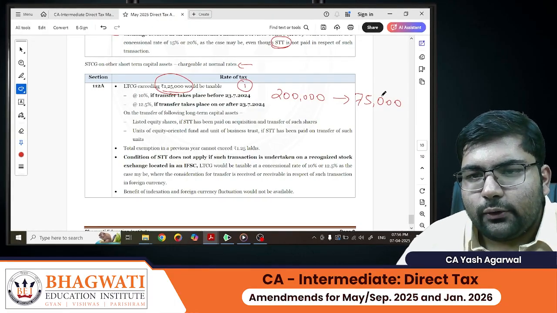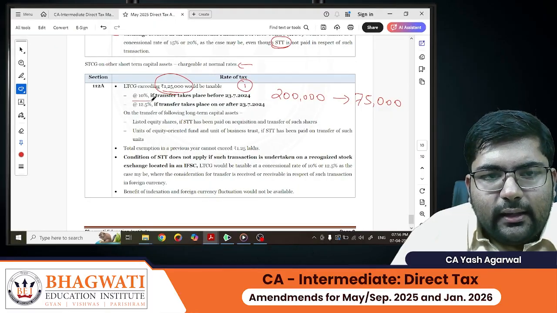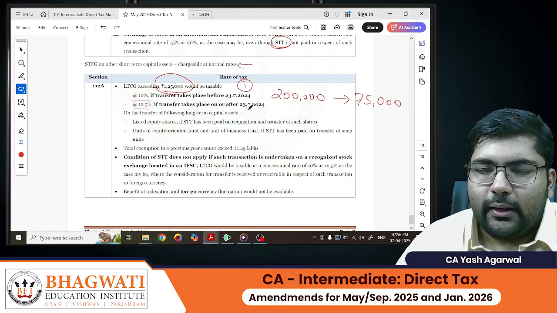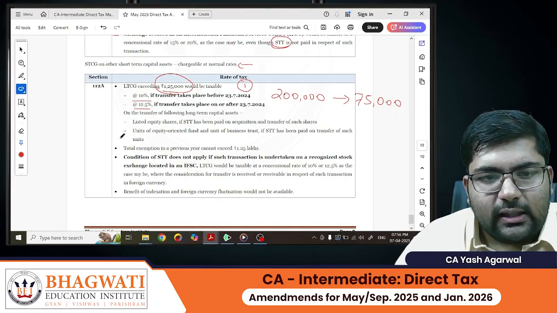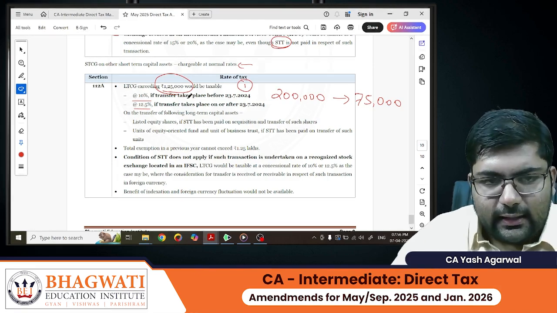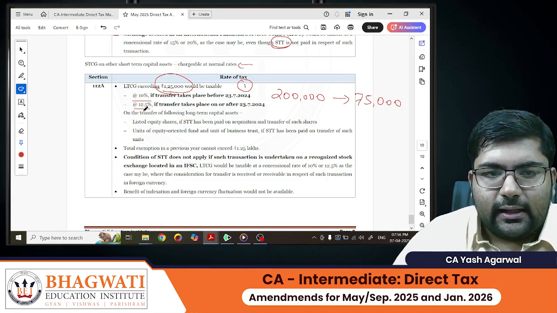The rate of tax would depend: 10% if transfer takes place before 23rd July 24, 12.5% if it is on or after 23rd July 24. No other special conditions within this, of who acquired it, when, what type of asset, nothing else. Very simple change in rate of tax, that is all.